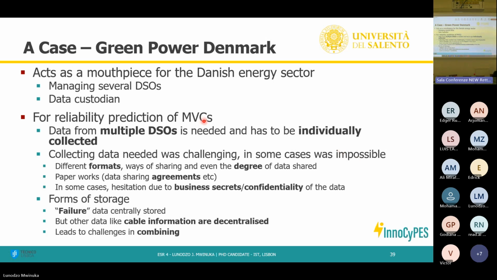Now, one of the challenges, Conrad, feel free to comment later on this case. Data are collected from multiple DSOs, and they are collected individually. Each DSO has autonomy to collect their own data. Data that is centrally managed is data about failure, right?